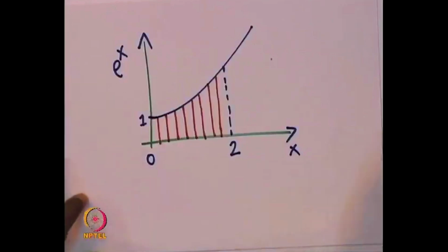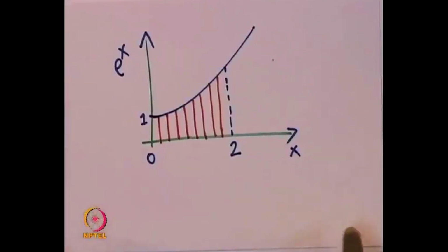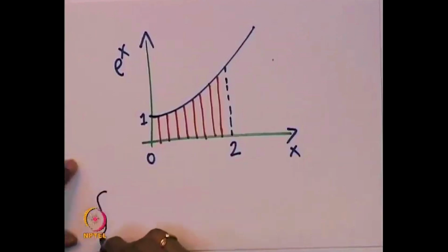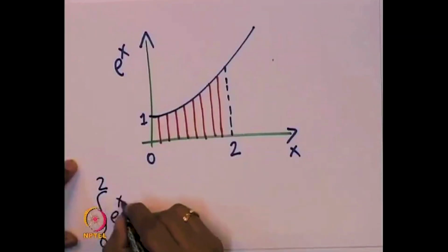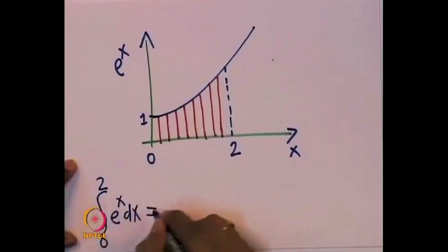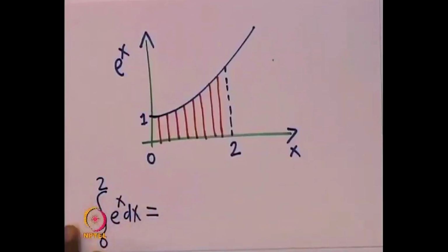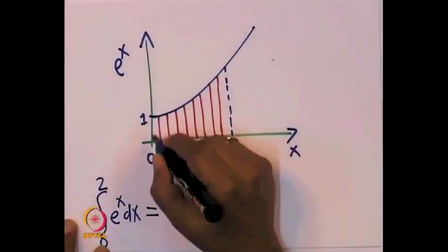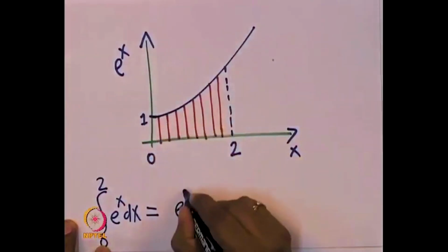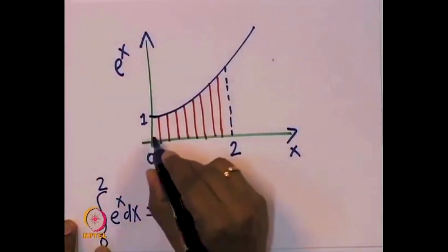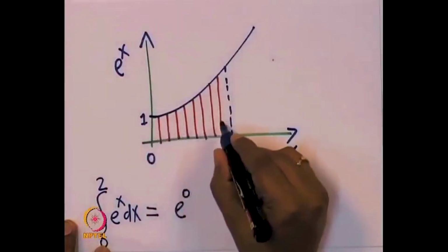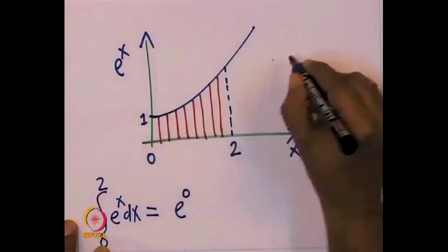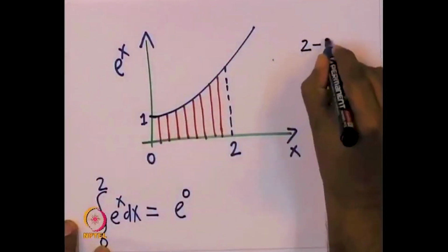According to what we said, the integral from 0 to 2 of e power x dx will be equal to the following. You divide into many parts. First, let us take at 0. So, this is e power 0, and let us divide this into equal intervals. We divide this into n intervals between 0 and 2.